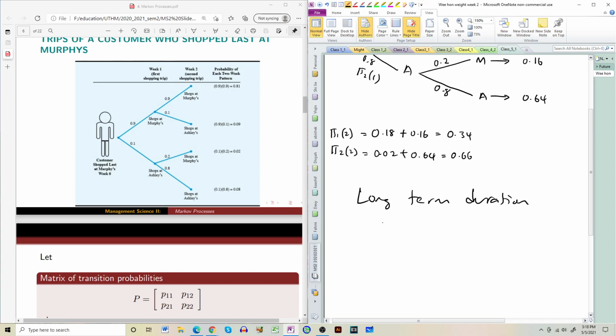duration, maybe after 100 weeks or 1000 weeks, in long term, what would be the probability a guy ends up in Ashley's, and what is the probability a person ends up in Murphy's?